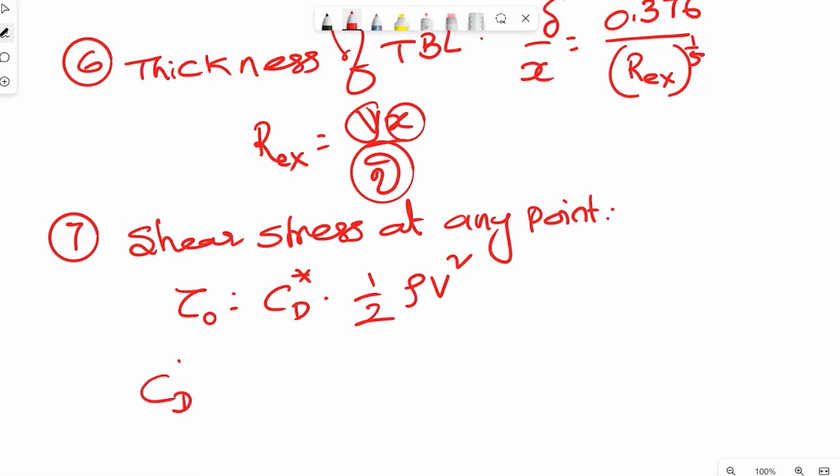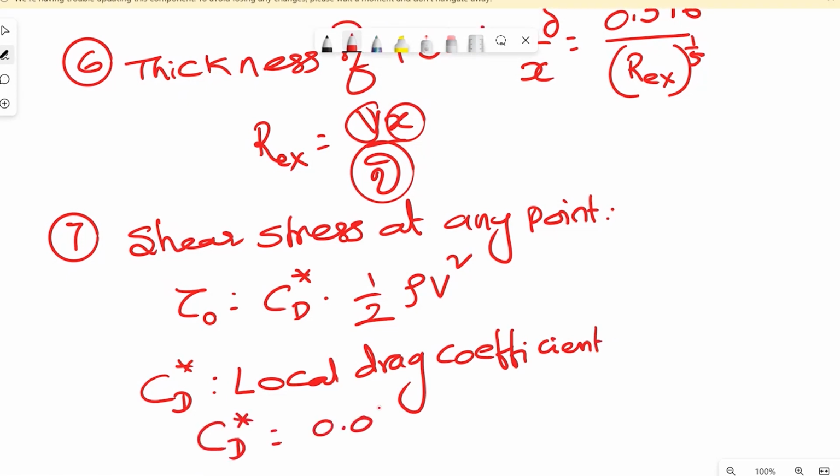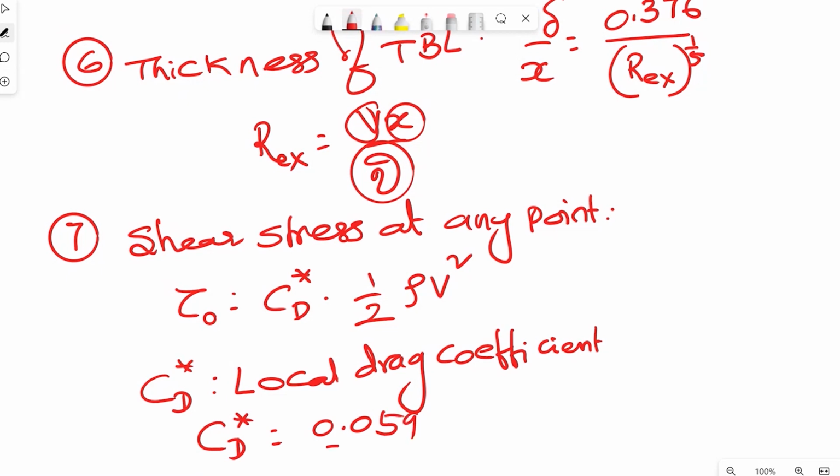CD star is called the local drag coefficient, and CD star is equal to 0.059 divided by Rex whole to the power of 1 by 5. There all are 1 by 2, here all are 1 by 5. That is the first difference you should find out.